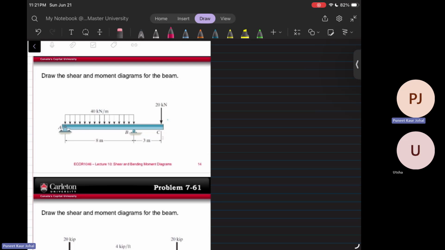So the first thing I'm going to do here is find the support reactions. And in this question, I have a support at A, which is a pin, and I have a support at B, which is a roller. A roller allows movement in the X direction only, therefore it develops a reaction in the Y direction.